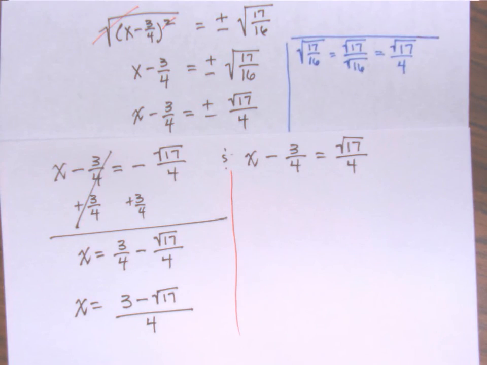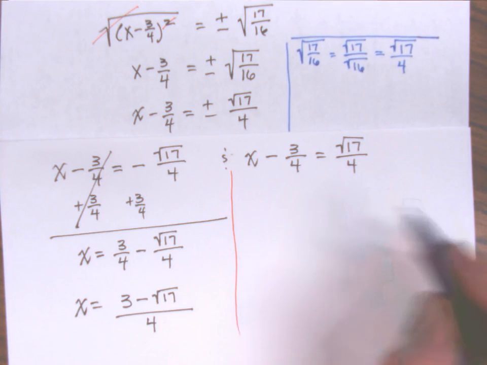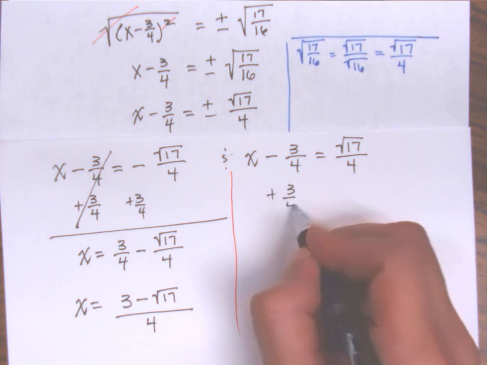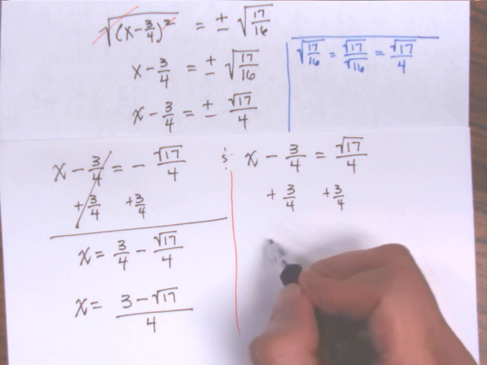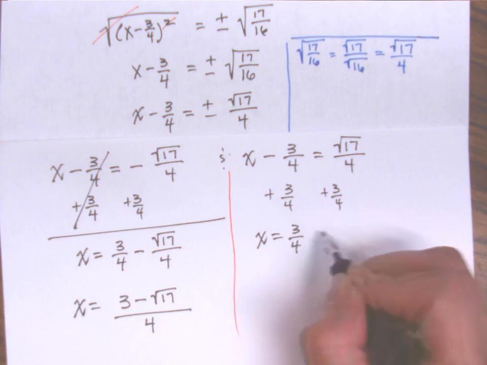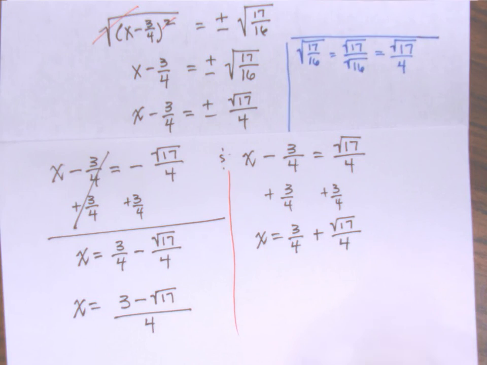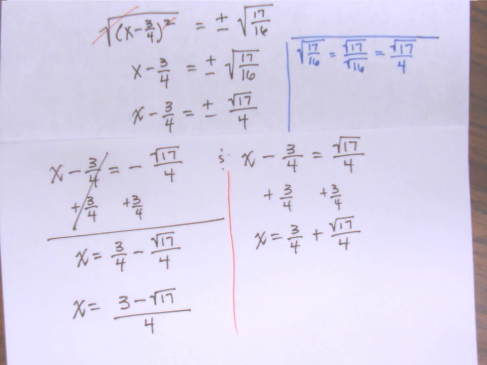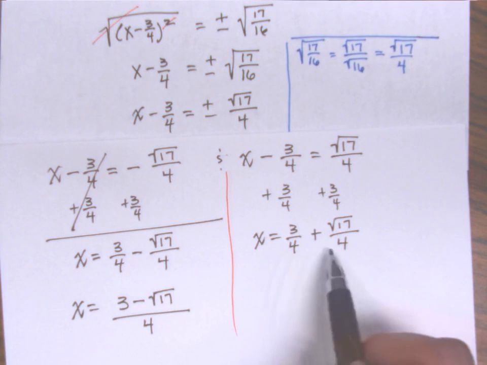So now looking at the other equation, I still have my 3/4 here, and I still need to add it to both sides. So now I have x equals 3/4 plus the square root of 17 over 4. And just to write it as a single fraction, I check my denominators.